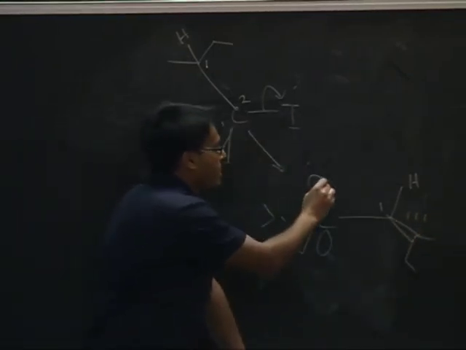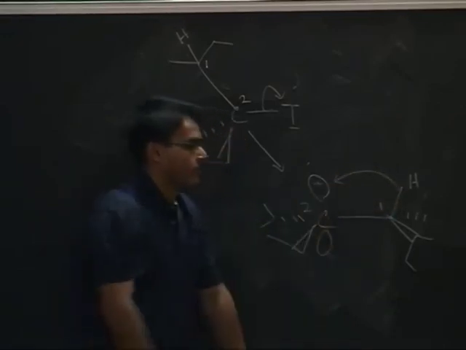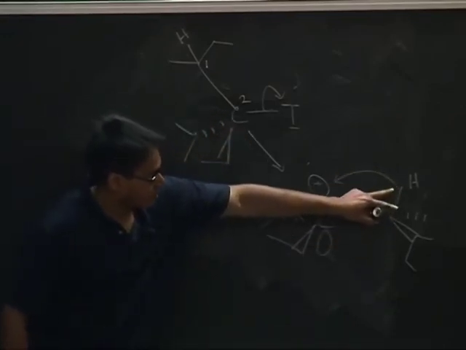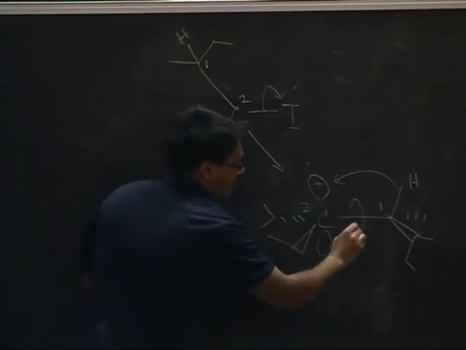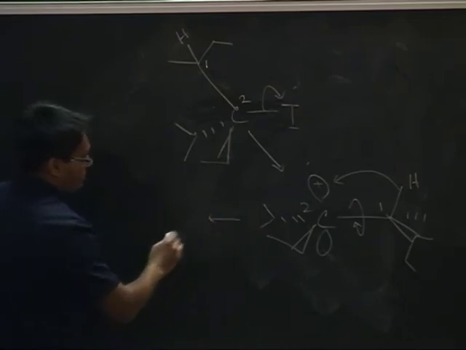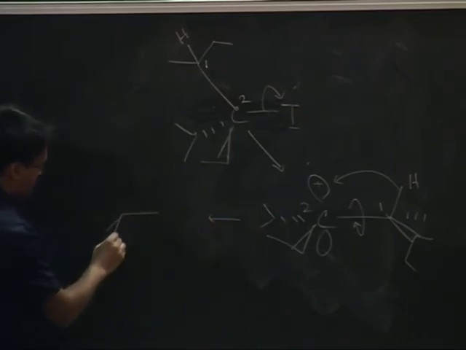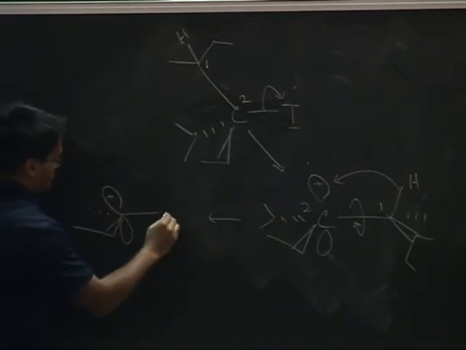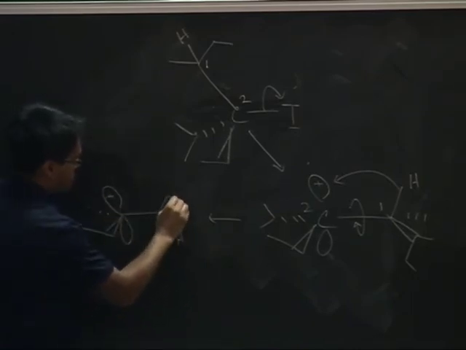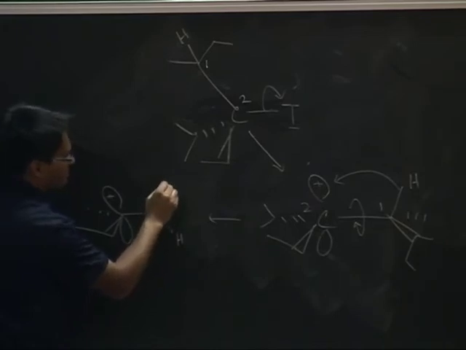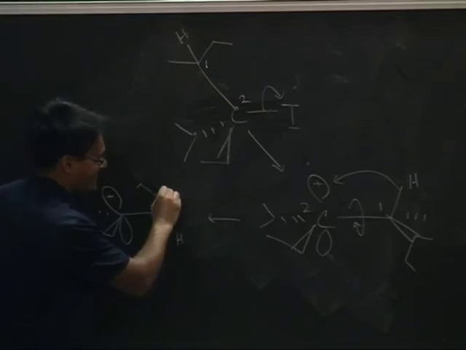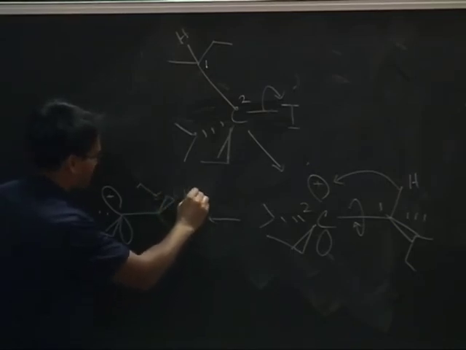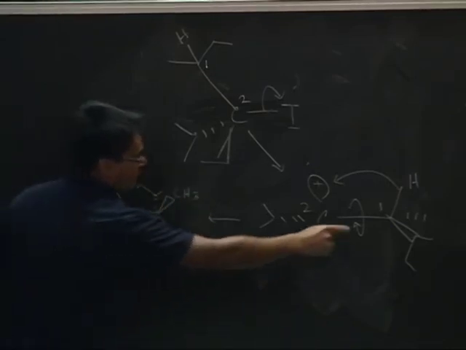So this H will donate and it will form the bond, right? This C-H bond will donate the electrons to form the pi bond. But there is a chance of rotating. If it does rotate, this is how it's going to look. Right, I rotated that carbon.